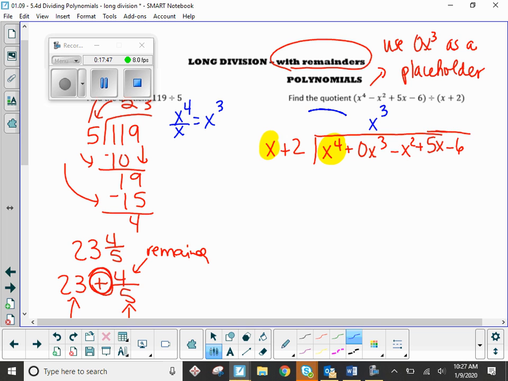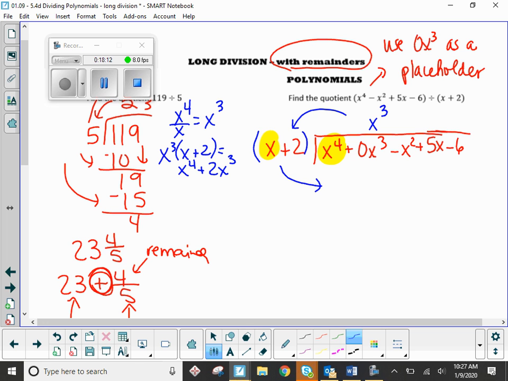And what am I going to do with that x cubed? Perfect. Multiply it by the divisor, the x plus 2, and then bring it down. Whatever that is, you're going to write it there. So let's look at what that is. x cubed times x plus 2, x to the 4th plus 2x cubed. See how these problems use everything we've learned so far this week? Multiplying with exponents, adding and subtracting with exponents.